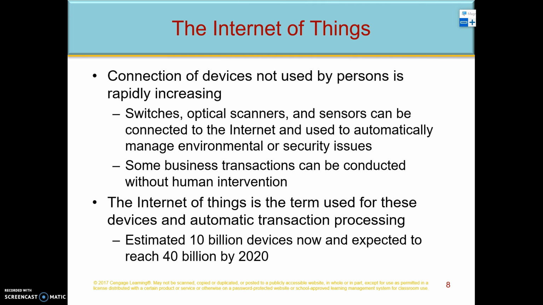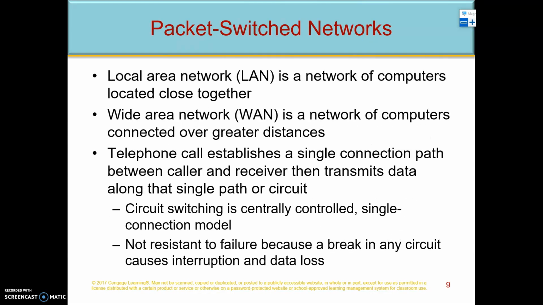But this has also grown because we have so many more devices connecting to the internet, things that you don't think about: your cars, appliances, smart TVs. This falls under the umbrella of the Internet of Things.